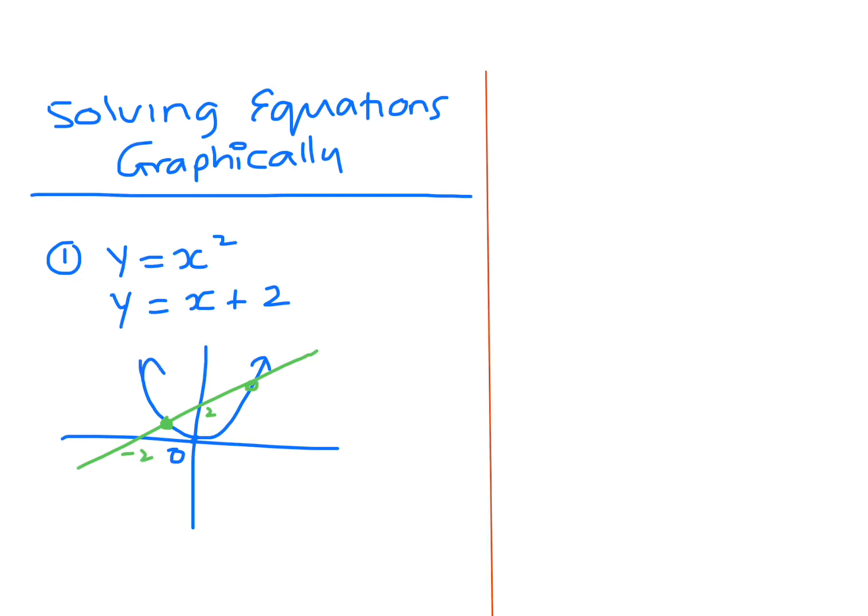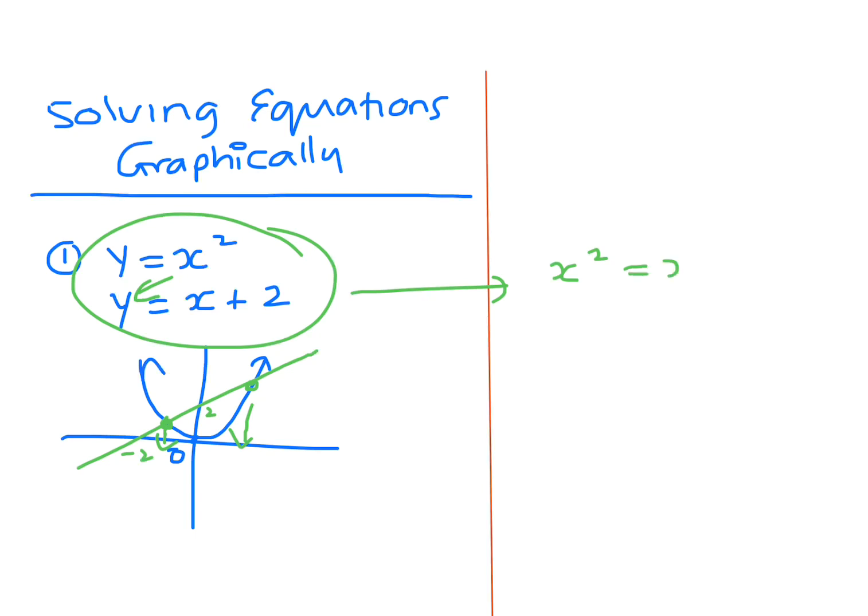So the points of intersection there, like if you had those x values, they will be the solution to the following equation. If you solved it algebraically, you'd put x squared in place of the y, equals x plus 2. And then you move it to the other side, so you've got x squared minus x minus 2 equals 0.